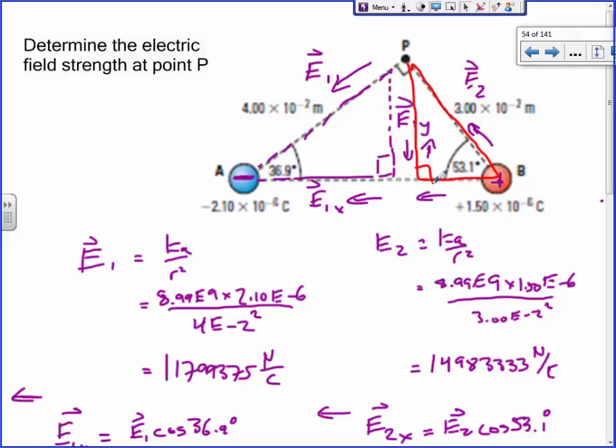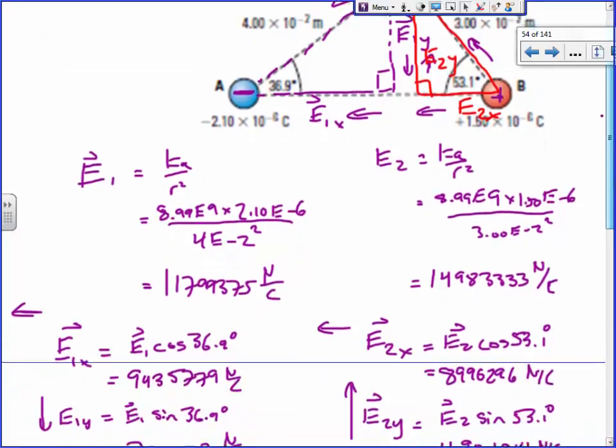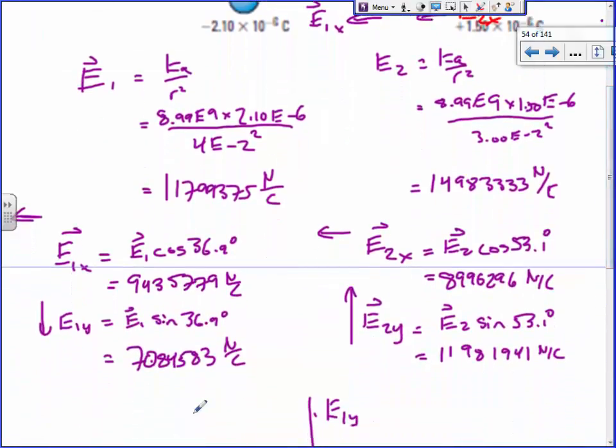In doing that, I found an E1x and E1y, an E2x and an E2y, and I used sine and cosine to find those four values, and I have those sitting right here. So compare yours to mine. Let's see if we have the same thing. These are the four values I found when I broke them up using sine and cosine. Still good? You guys are nodding at me?